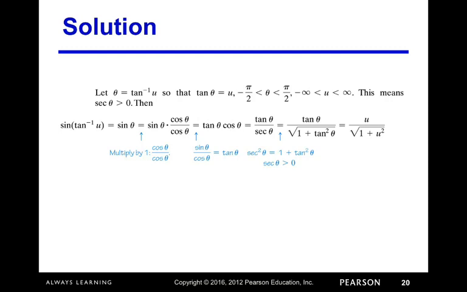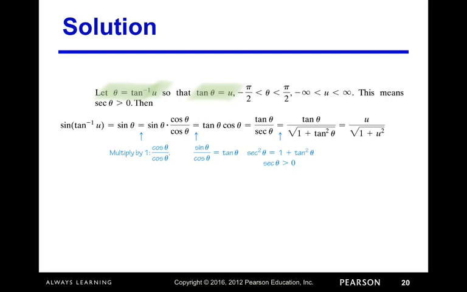First of all, let's go back. First of all, you're going to let theta be equal to the inverse tangent of u. So tan of theta equals u. And those are important because we're going to use those for substitutions later.